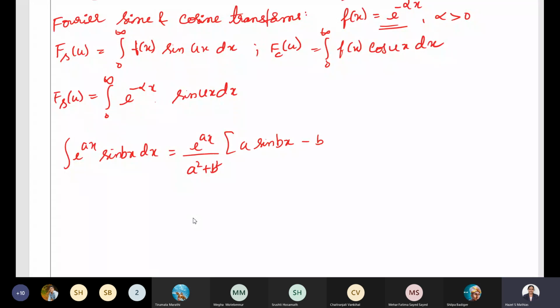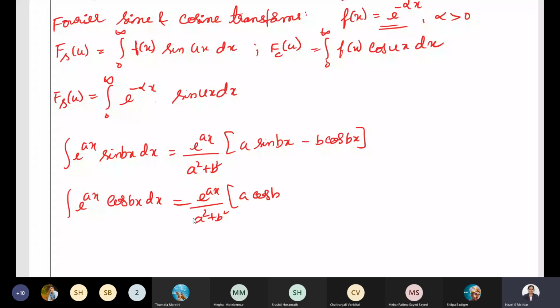So this is the formula, and then we have to put the limits. Next, integral of e power ax into cos bx dx is e power ax divided by a square plus b square into a cos bx plus b sin bx. So these are the two formulae we have discussed.